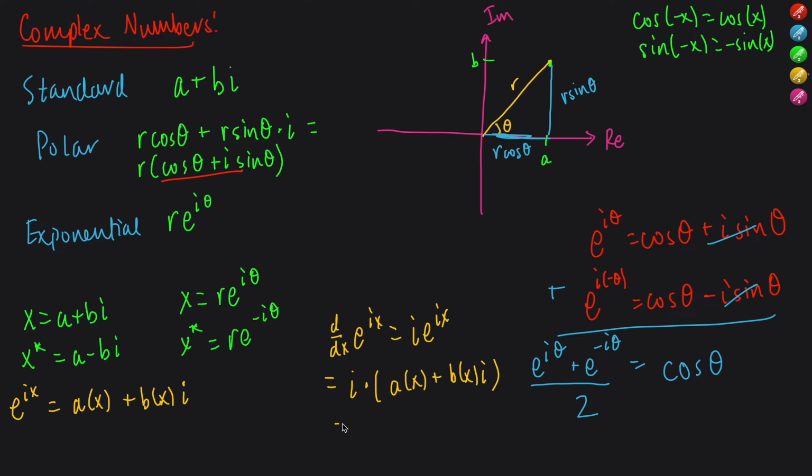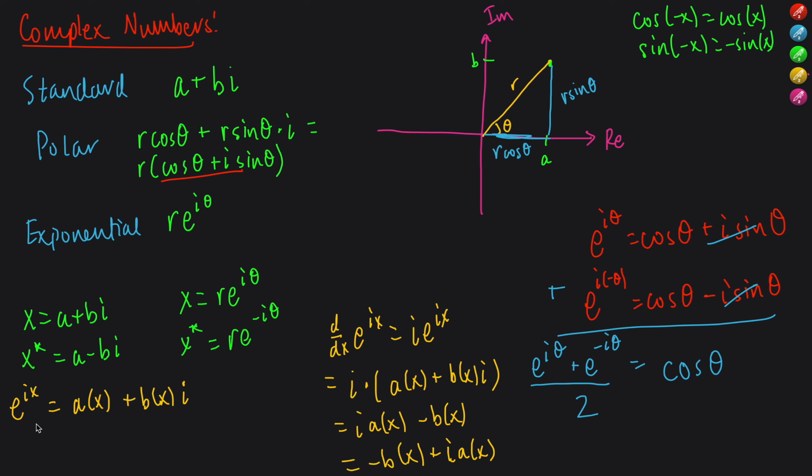If we expand this out, we get i times a of x plus b of x times i squared. i squared is negative 1, so we get minus b of x plus i times a of x.